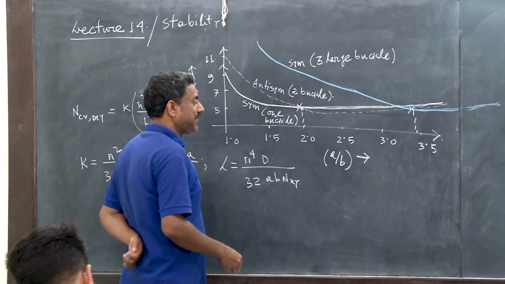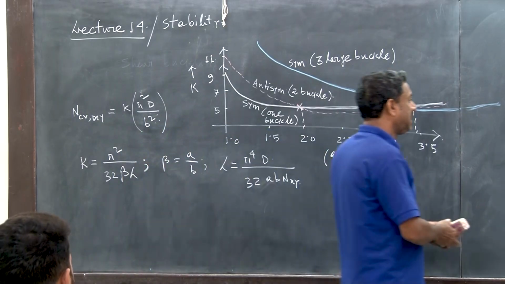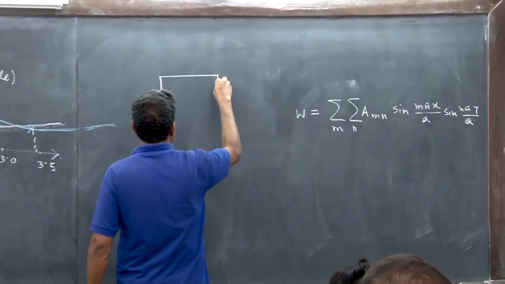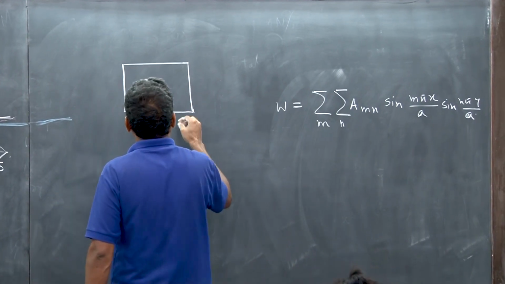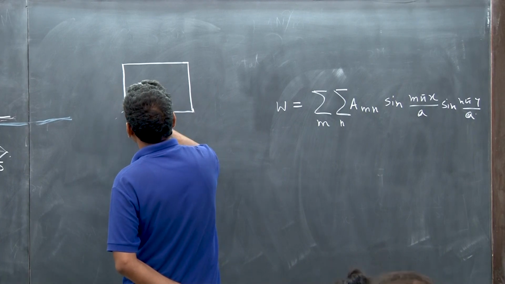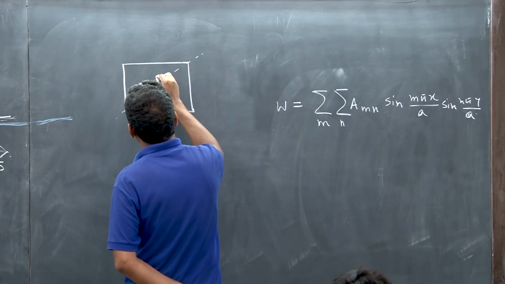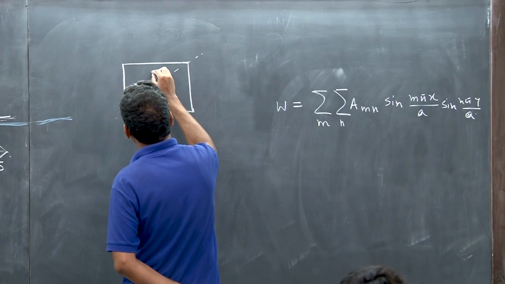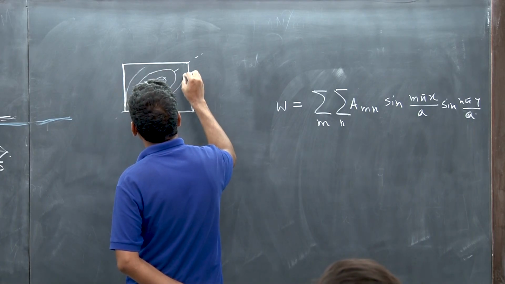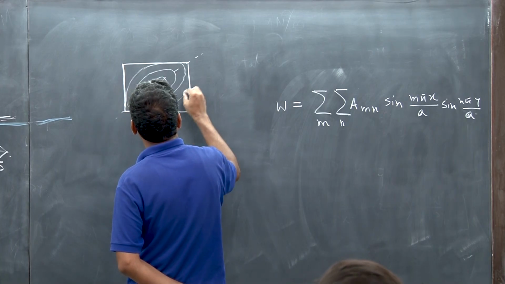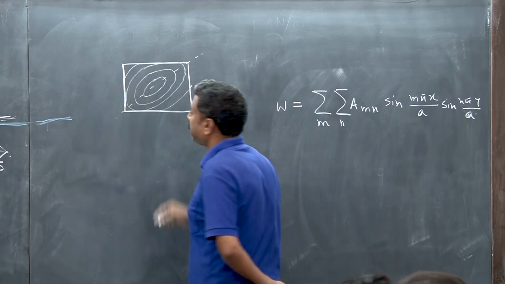So, what we see is how this buckle will look like, let me explain to you. If I draw a contour, then it will look like this.